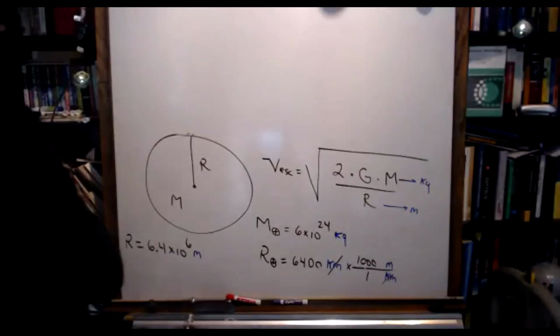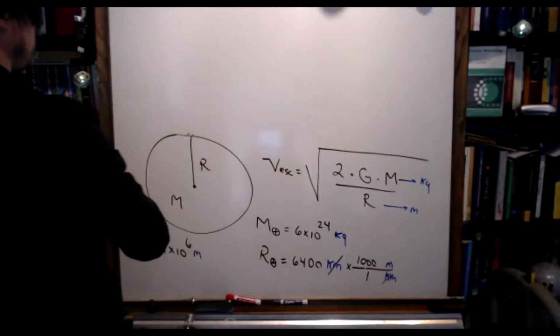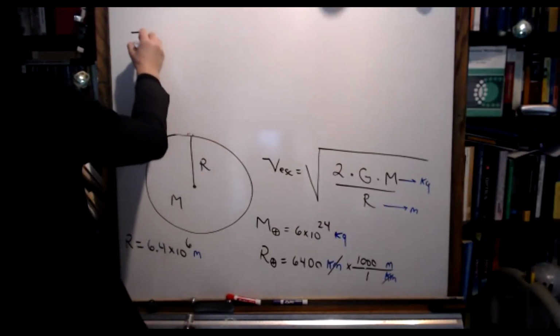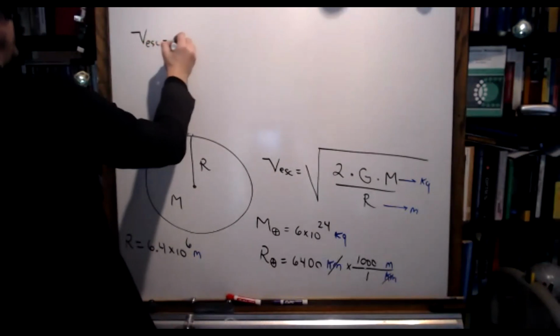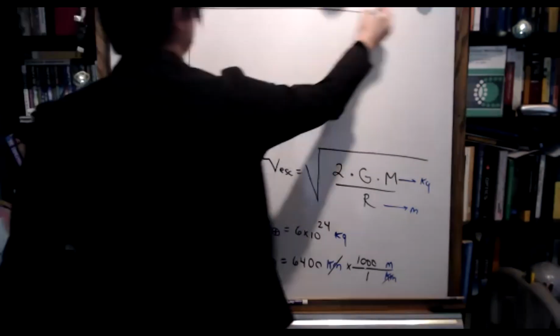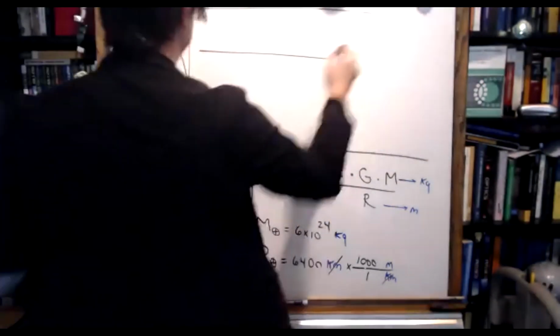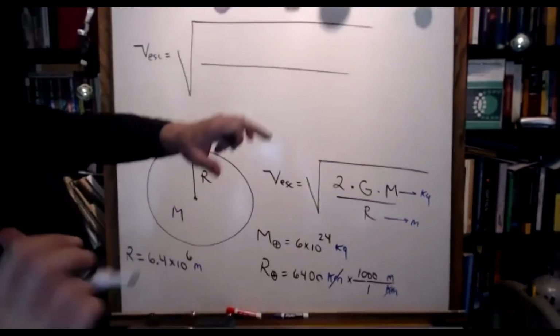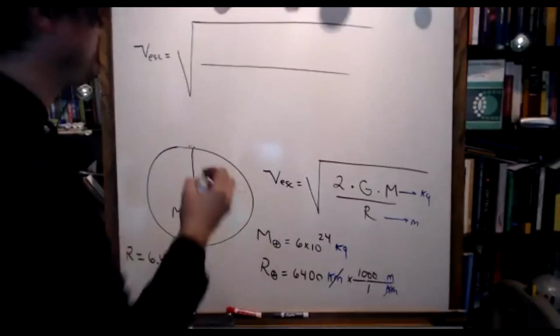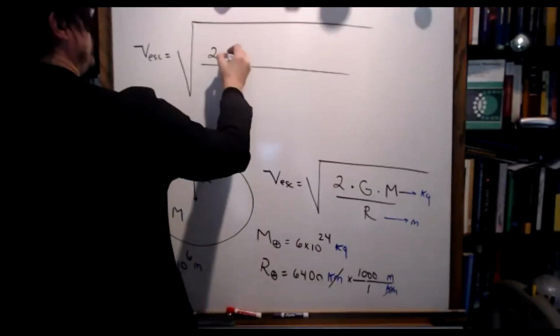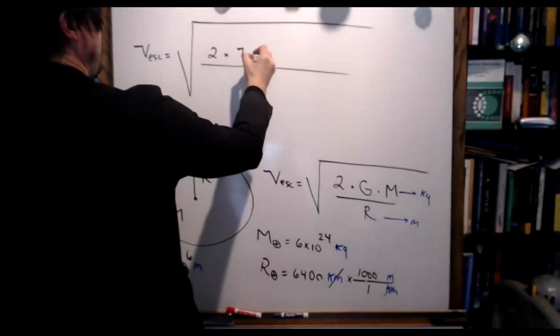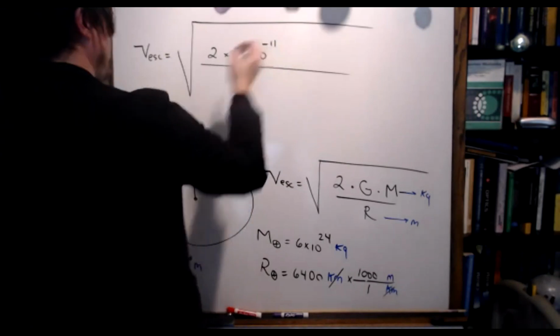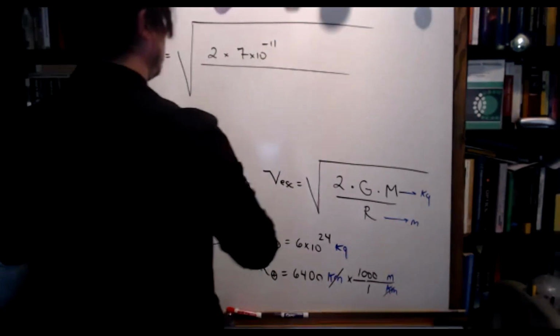Okay, so we're going to calculate the escape velocity now. Let's set up the equation just like Ava suggested. Make a nice big neat square root that will keep everything inside of it. Okay, so we have 2 times big G, which is about 7 times 10 to the minus 11.